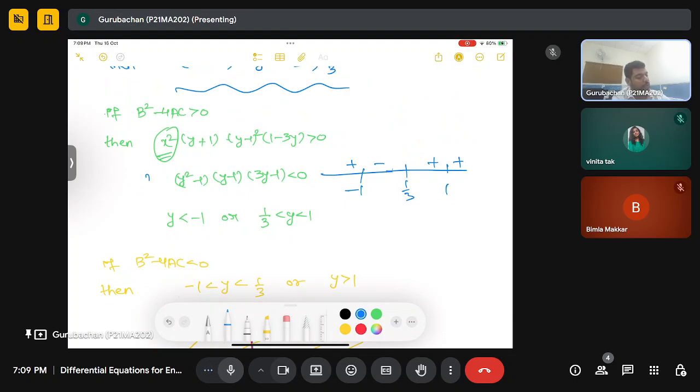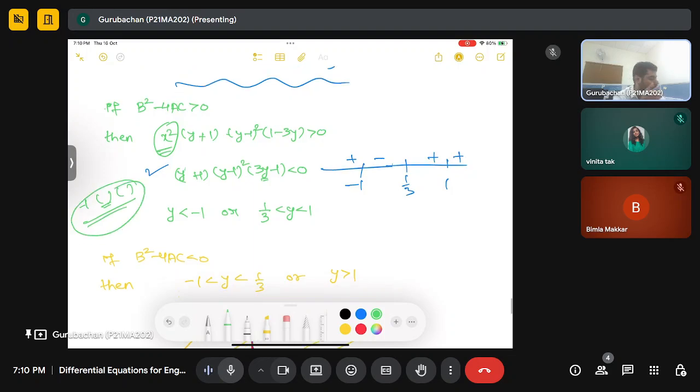If you put any value less than minus 1, that is minus 2, this will be minus 1. This will be some positive quantity, and when you put minus 1 here, this will be something negative. So this whole quantity will become positive.